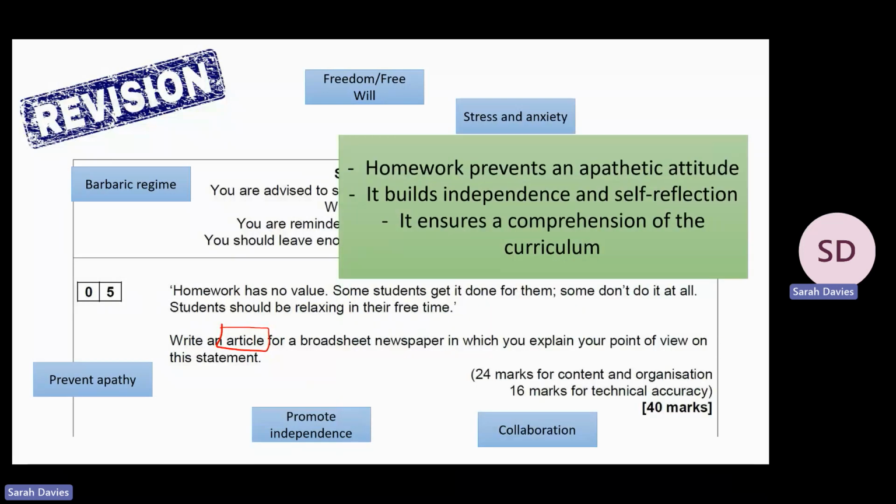Now, when you do that, you can then start to formulate, well, what are my big ideas? Homework prevents an apathetic attitude. It builds independence and reflection, and it ensures a comprehension of the curriculum. You're developing this clear argument and structure, not necessarily always based on your viewpoints, but based on what's going to promote the best response, those big ideas.